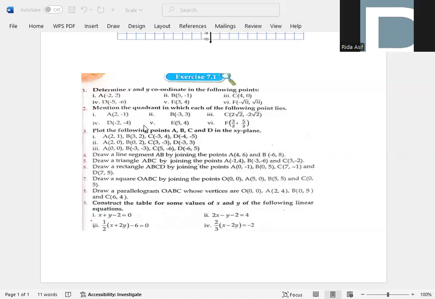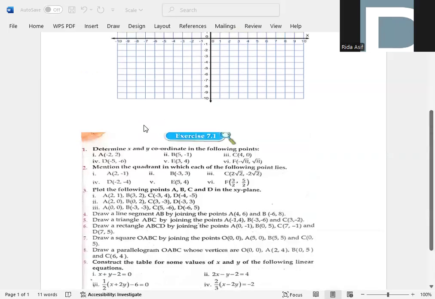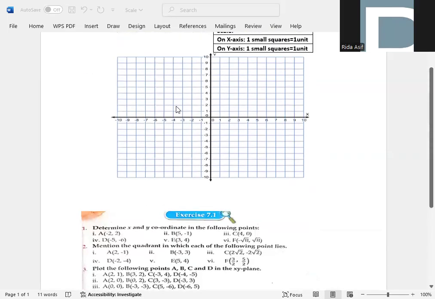As we have discussed, if this is a Cartesian plane, we have the positive x-axis over here, positive y-axis is there, right? Negative x-axis is there and negative y-axis is over there. According to this plane, one small box is equal to 1 unit.